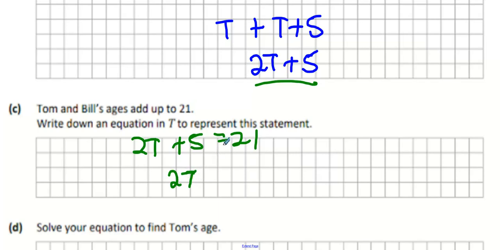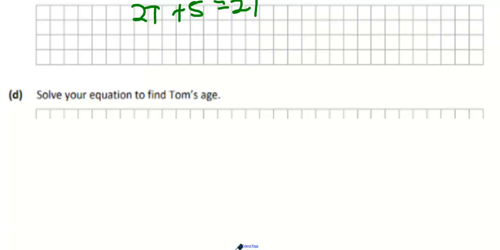You're trying to get T on its own because it's a solve question. Oh, sorry, I'm wrong. You just have to write down that the 2t plus 5 is 21. That the age is equal to 21. Actually, part D is where you solve it. So we need you to solve it in part D.